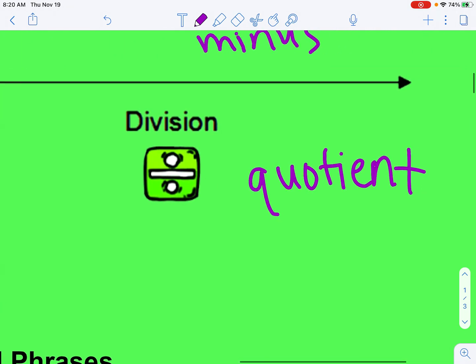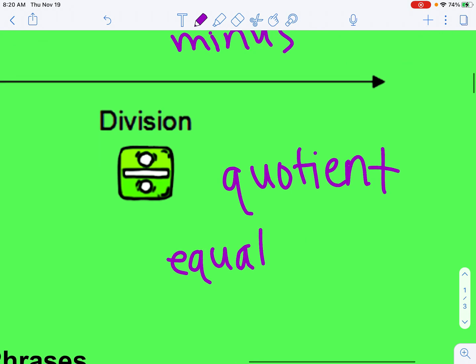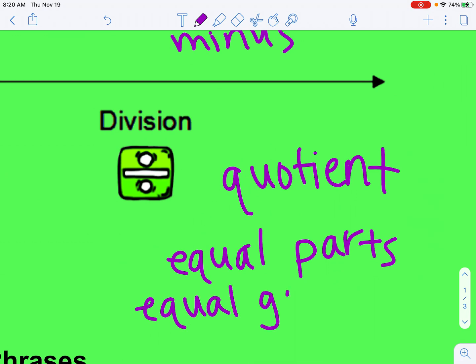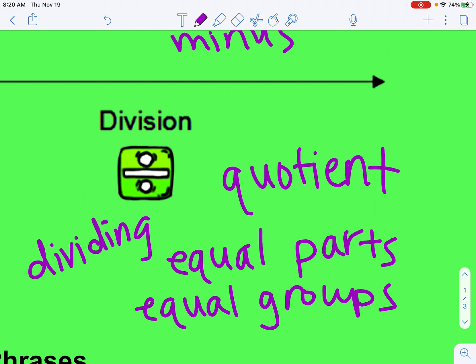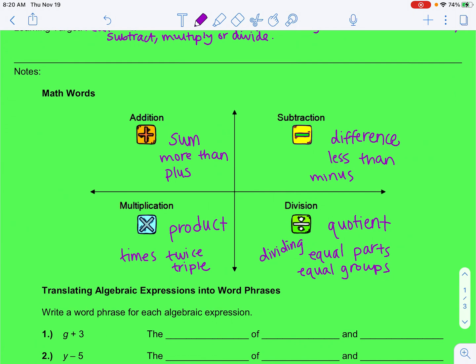Alright, and then division, I think of equal groups, equal parts. I'm dividing things up. So I'm going to write dividing. There are so many more that you could think of, but I think that's a good place to start. If you can think of others on your own, you can go ahead and add them, but let's keep moving on.